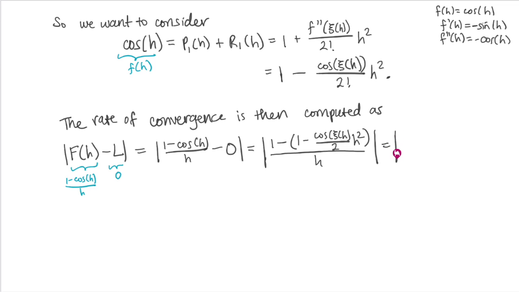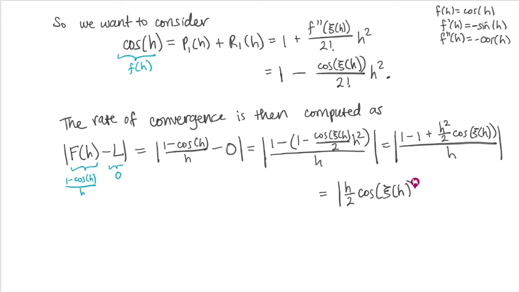I'm going to end up with 1 minus 1 plus h squared over 2 cosine of c of h all over h. Oops. And again, 1 minus 1 is 0, so I'm left with this expression, and one of these factors of h can be canceled with the denominator. So here I'll have absolute value of h over 2 cosine of c of h.